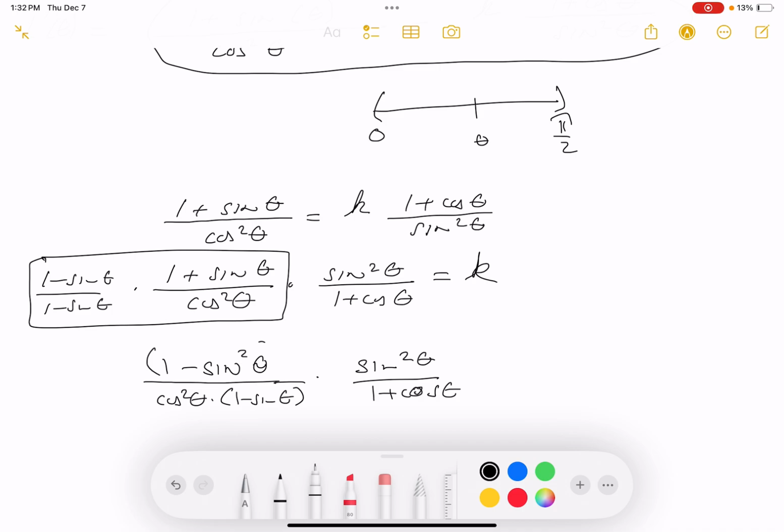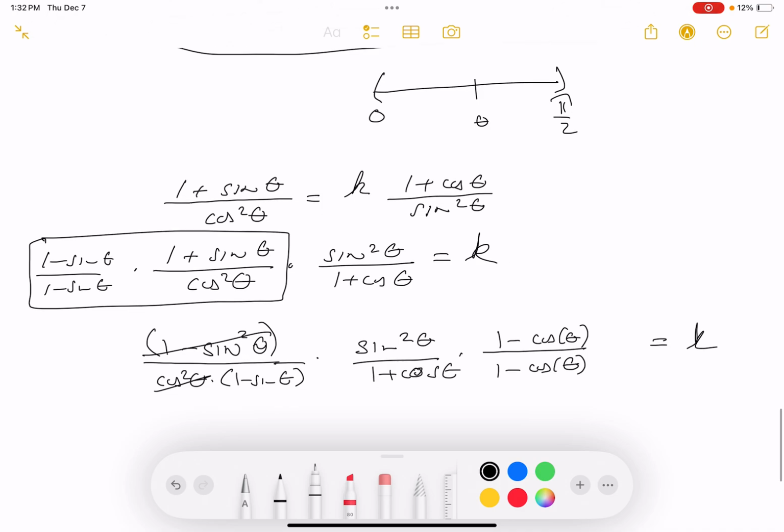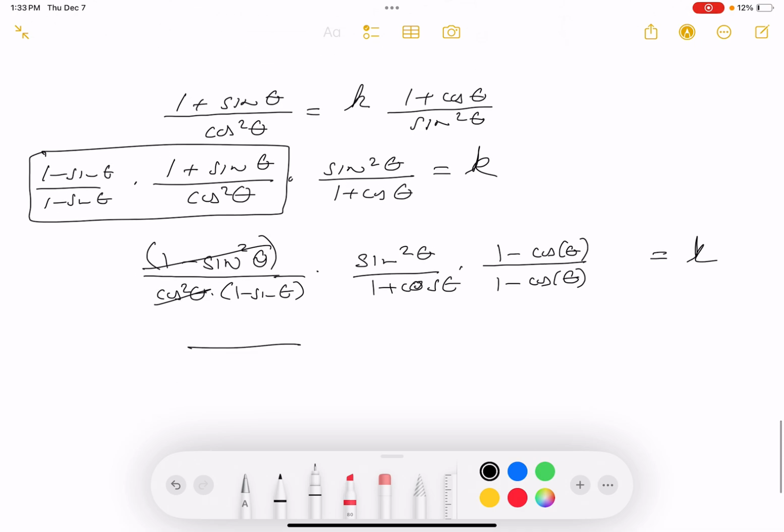Well, I notice that this top is just cosine squared, so these cancel off. So I am seeing the 1 minus the sine, and now what I'm going to do is multiply the top and bottom of this, and this is equal to k, by the way, by 1 minus cosine theta. Let's keep moving. What do you get? 1 minus sine theta.